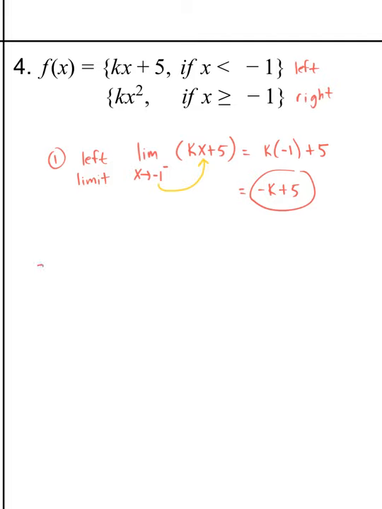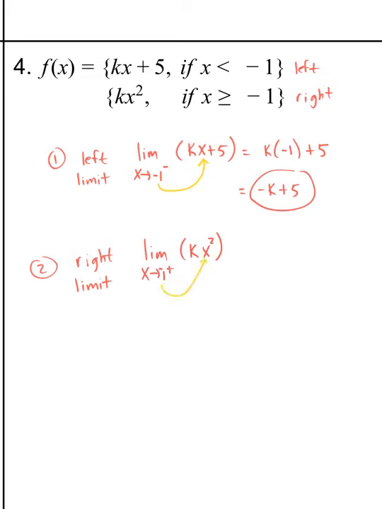Second step, I find my right limit. Use correct calculus notation. The limit as x approaches negative 1 from the right. My right function is kx squared. I plug in negative 1 there. Thank you, don't make that mistake. All right, I plug negative 1 in for x.